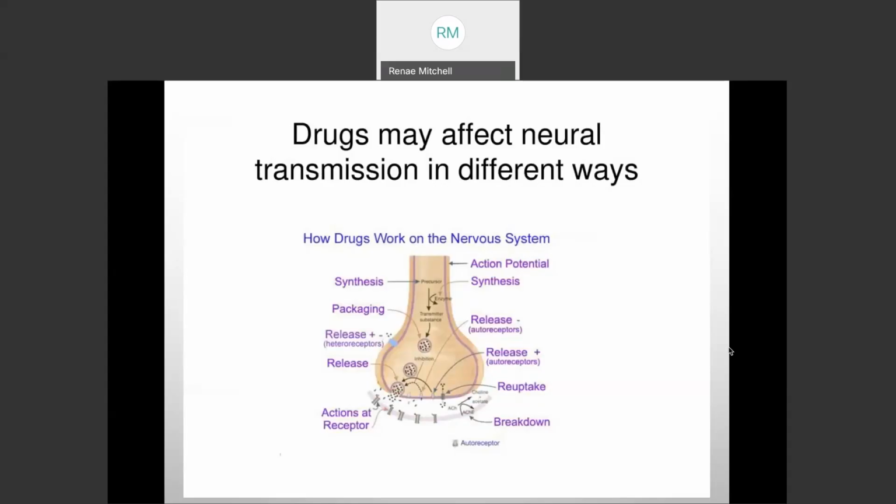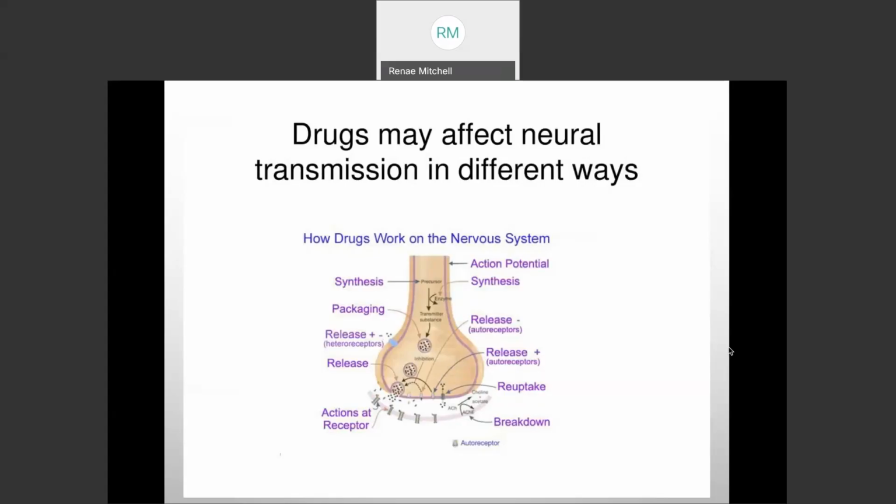Those vesicles transport them down through the axon terminal and release them into the synaptic gap. The receptor sites take in what they can. It breaks down what they can't, or the original cell reuptakes the remaining neurotransmitter back into the cell.